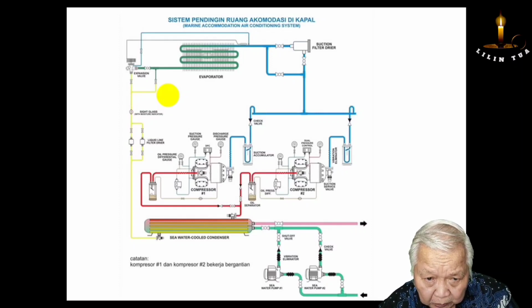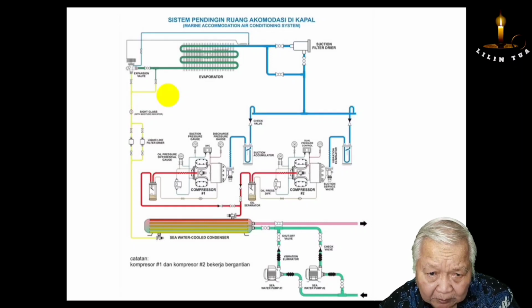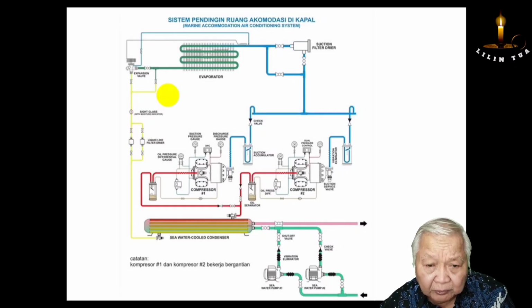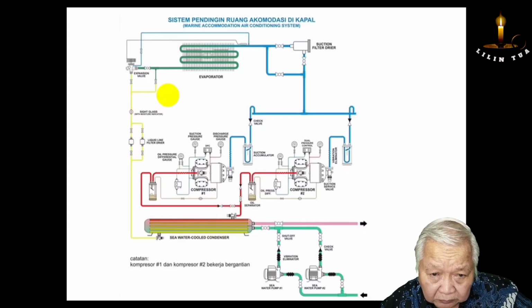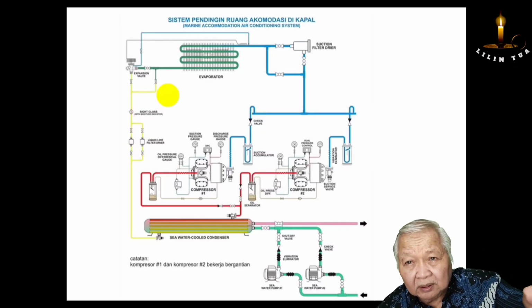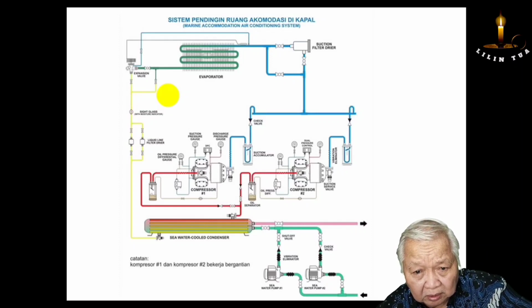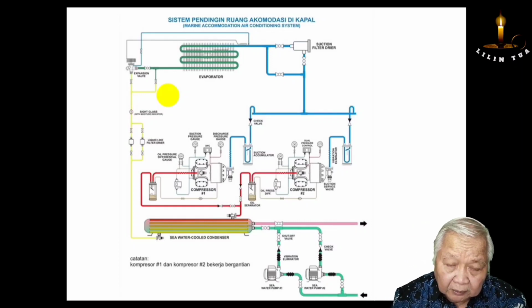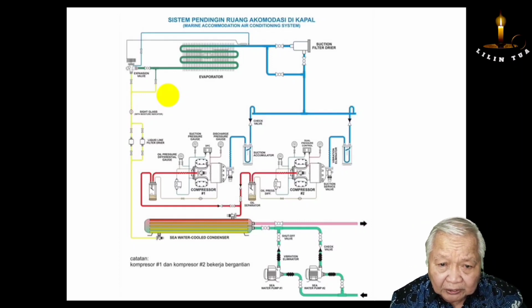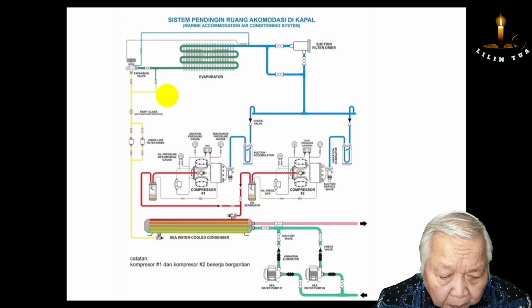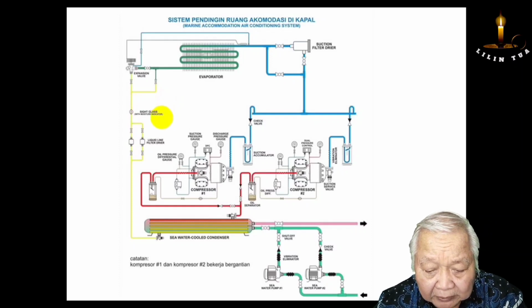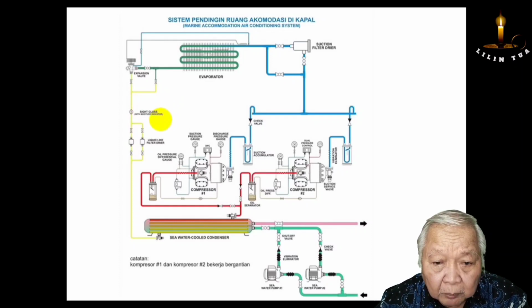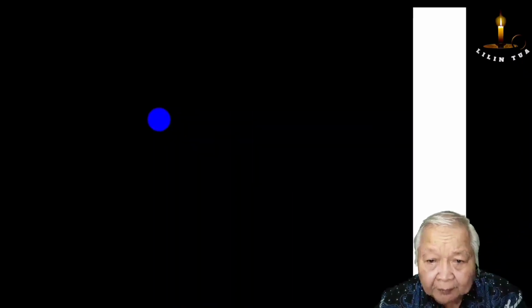Now I just want to show you the location and type of evaporator, either in the freshwater generator, in the boiler system, as well as in the refrigeration system. Now it's time I explain the evaporator contained in the system for making fresh water from seawater on board.